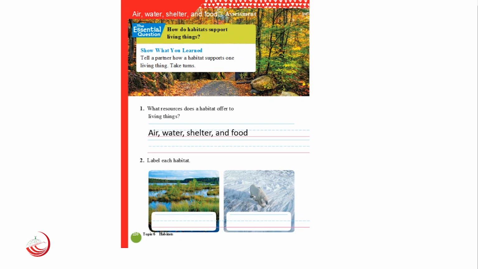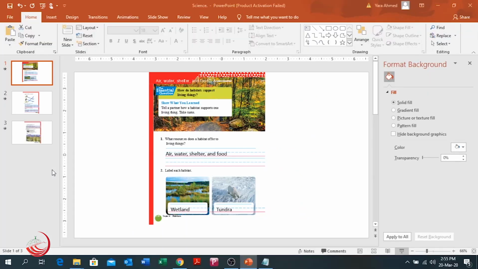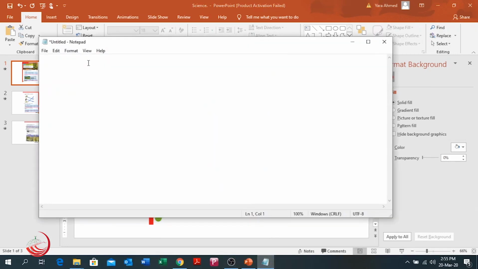What habitats do you remember we studied? Let me take notes. What are the habitats? We took forests, deserts, ocean, grasslands, wetlands.